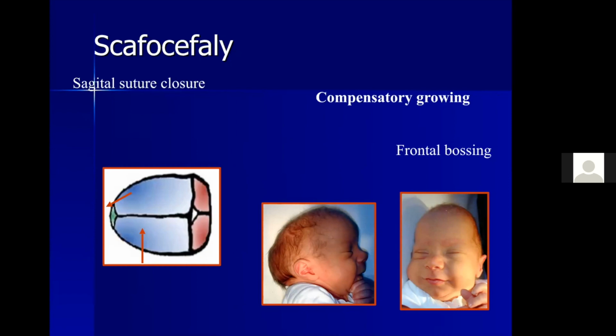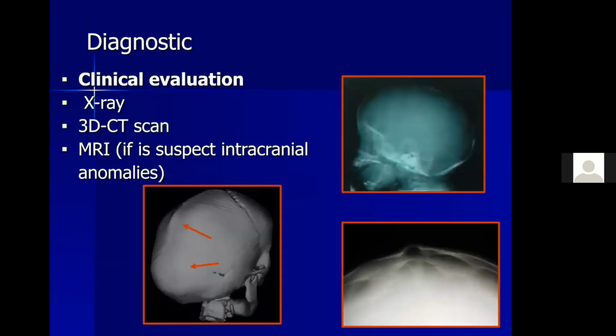So in this case, with the sagittal suture closure, we have what we call scaphocephaly. It is like an elongated head with a prominent forehead and occipital bone.